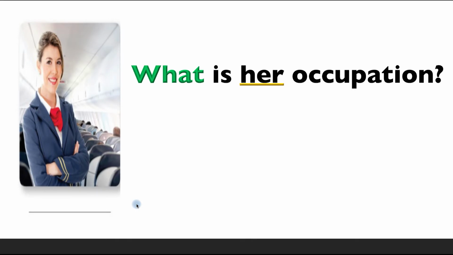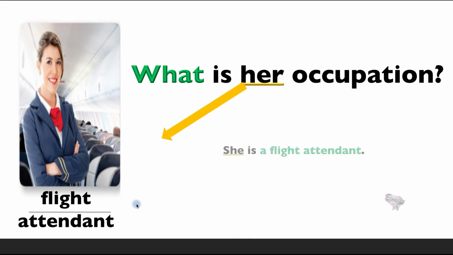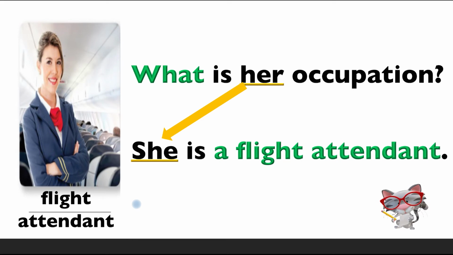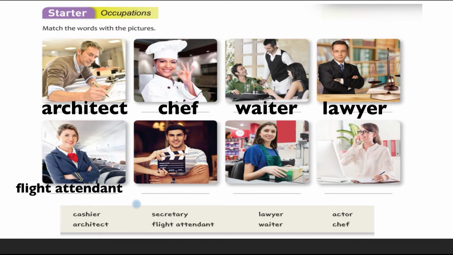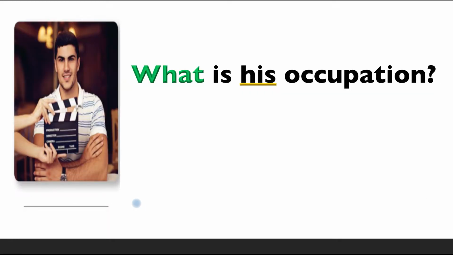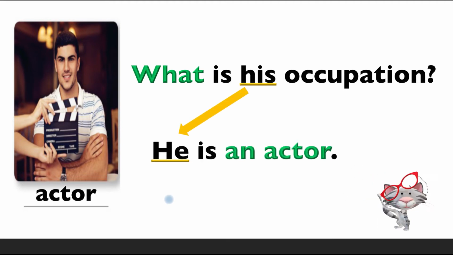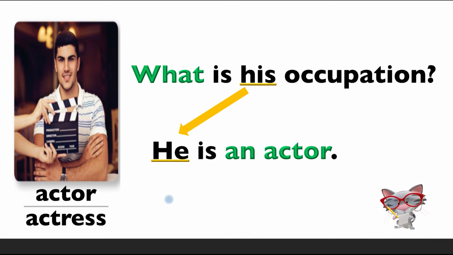She is a flight attendant. Yes. What is his occupation? Is he director? Oh, actor? Yes. The picture is not clear. But yes, actor. He is an actor. But if it's a she, she is an actress. Very good, yes.